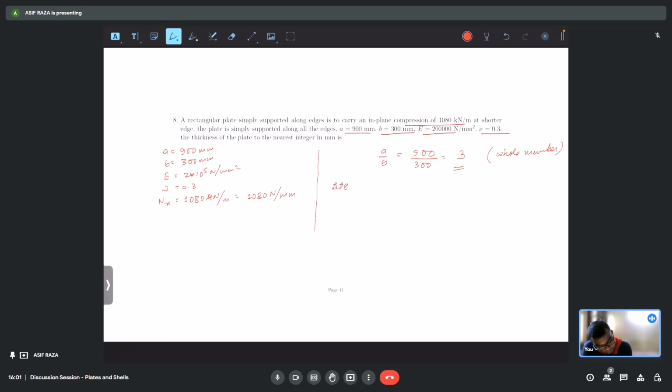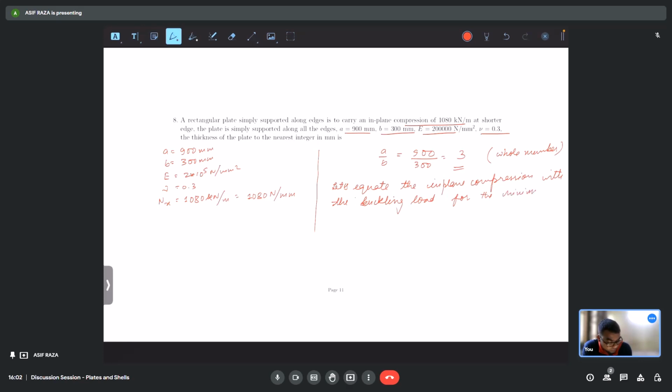So let's equate the in-plane compression with the buckling load, to find the minimum thickness.